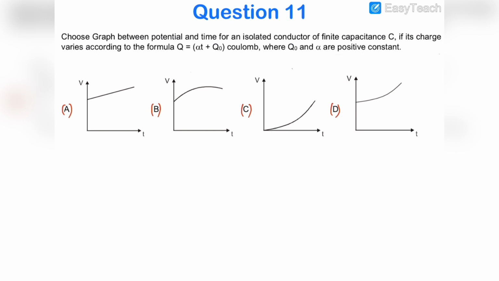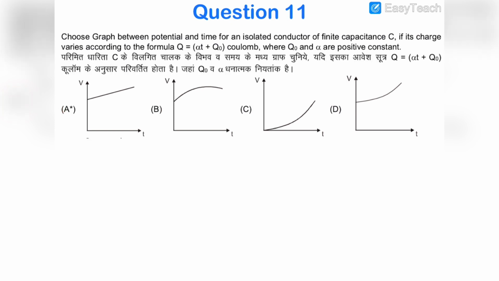In this question, you can see that we have to choose the correct graph between potential and time for an isolated conductor of finite capacitance C if the charge appearing on it is varying according to the formula Q is equal to alpha T plus Q naught. Okay, so this is a simple one.